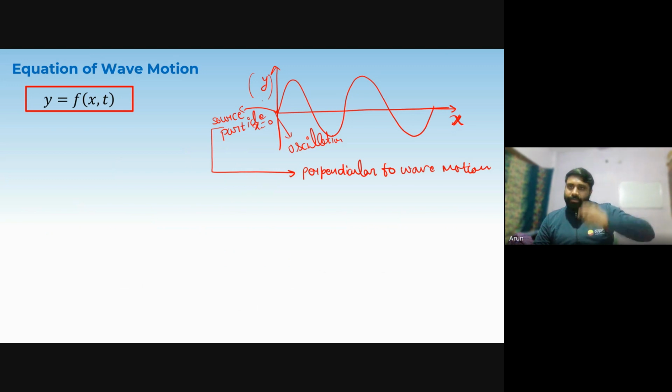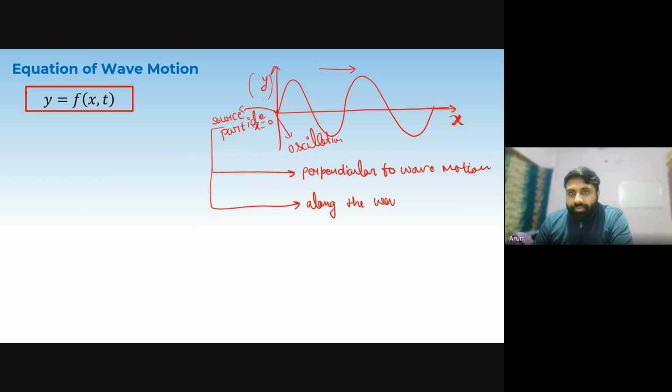It can either oscillate perpendicular to the wave motion, where the wave is traveling in this direction, you can see. And another way is that it can oscillate along the wave. Second one is along the wave.